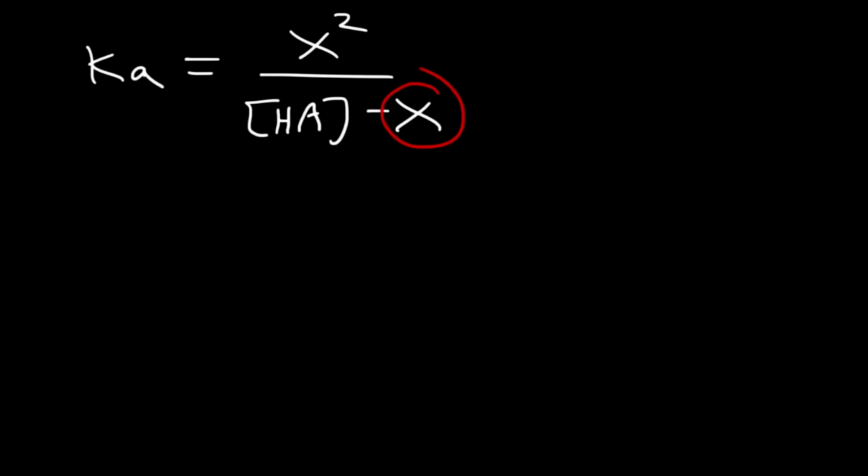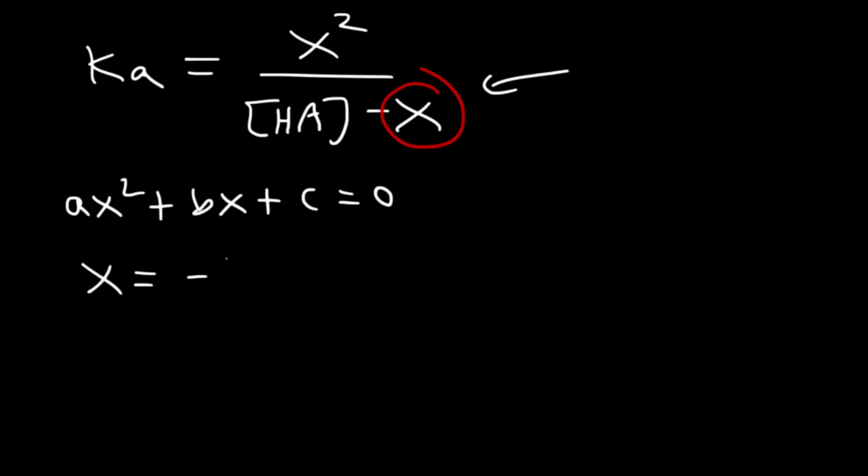If Ka is not very small, then you may have to use the quadratic formula. Once you get the equation in the form ax squared plus bx plus c, if you can't ignore this x, here's the quadratic formula that you need: negative b plus or minus the square root of b squared minus 4ac, divided by 2a.